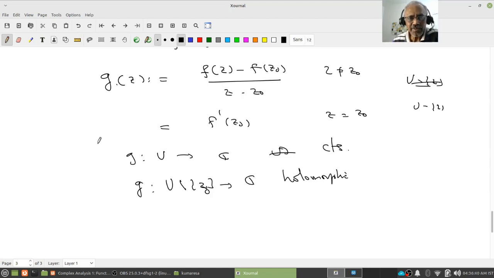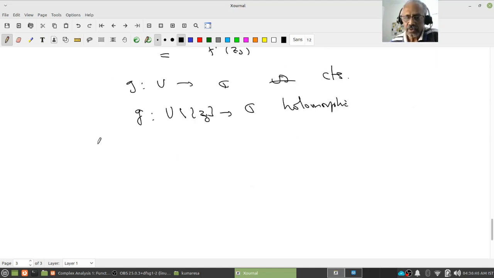Look for any closed path gamma, right? Then apply it to g. What do you think I will get? So let gamma be a closed path. Okay. So that z naught should not lie on gamma.